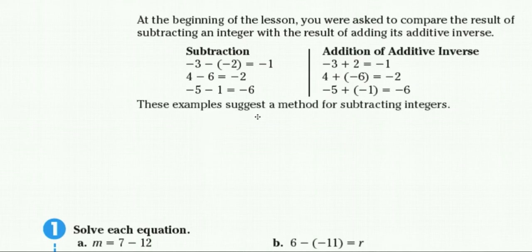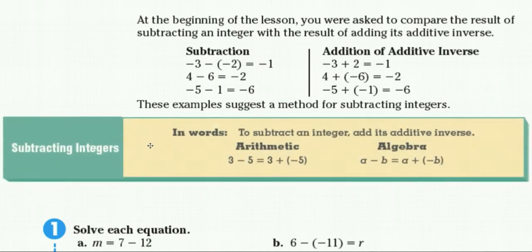These examples suggest a method for subtracting integers. When you subtract integers, add its additive inverse. In arithmetic, 3 minus 5 equals 3 plus negative 5. In algebra, a minus b is equal to a plus negative b.